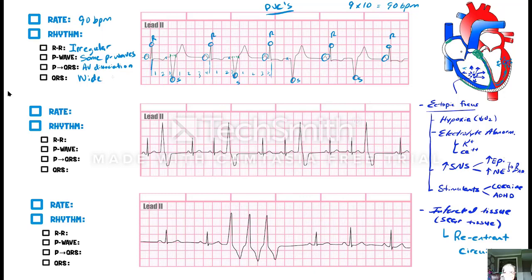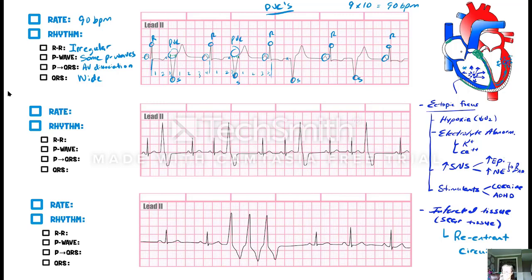Now this is something you need to remember. The wide QRS complex is because of these PVCs that we see, this one right here, this is a PVC. They're not going through your normal conduction system. They're coming from either an irritable focus or a reentrant circuit.